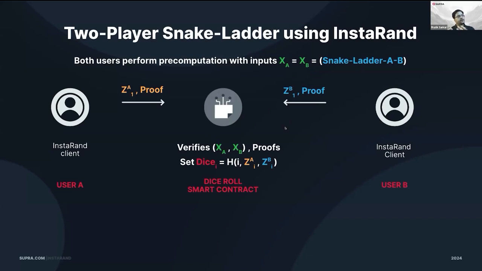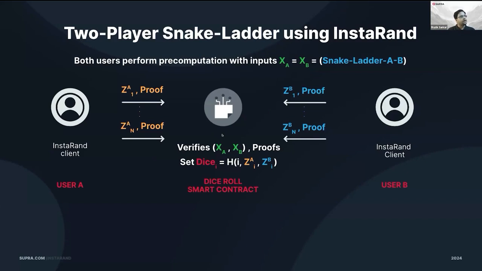So to generate the first die, the smart contract will hash 1, Z1A and Z1B, and that will give you the first die. This is repeated sequentially to generate n different die rolls for n rounds in the snake and ladder game. This is how InstaRand can be deployed to play a two-player snake and ladder game.